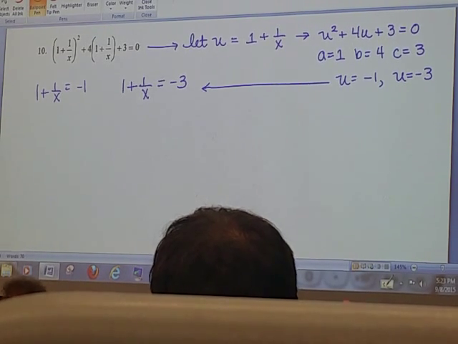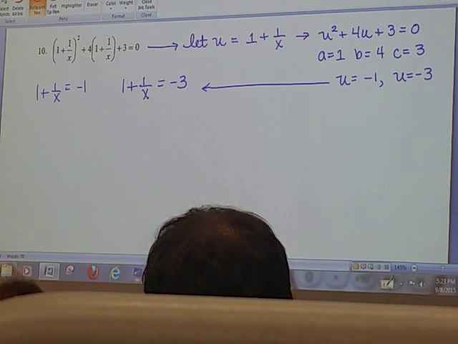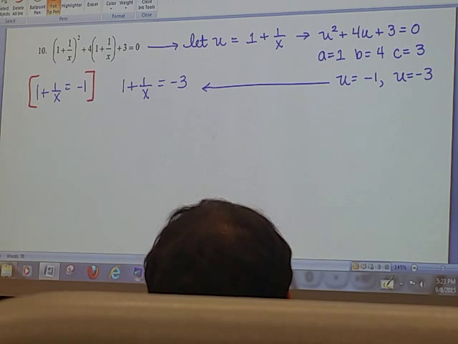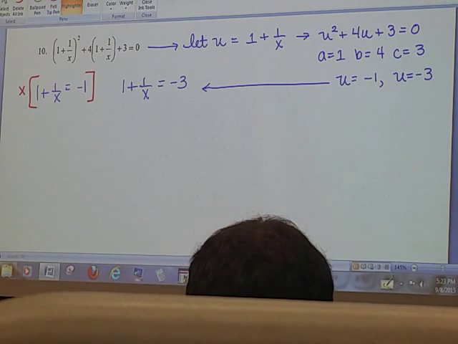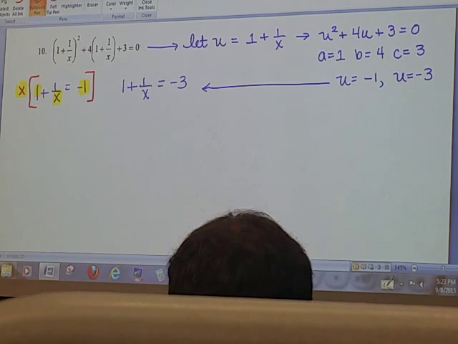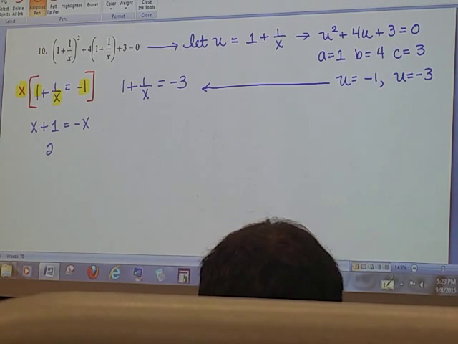Multiply by x. How would I get rid of 5 in the denominator or 10 in the denominator? Doesn't matter. Just multiply everybody by x. So this will multiply here, here. So I'm left with x plus 1 equals minus x. That's 2x equals negative 1.